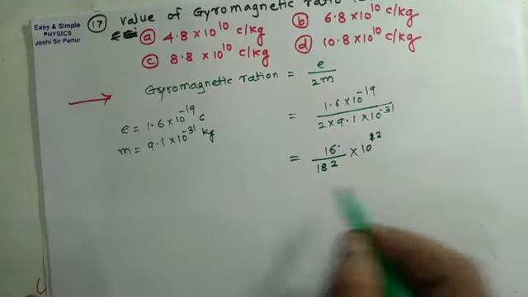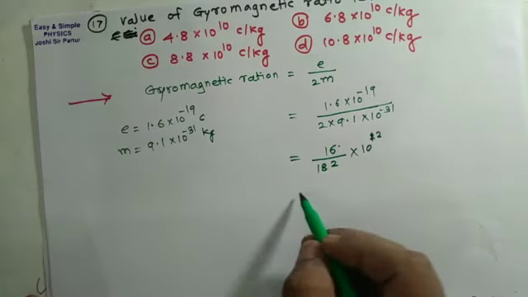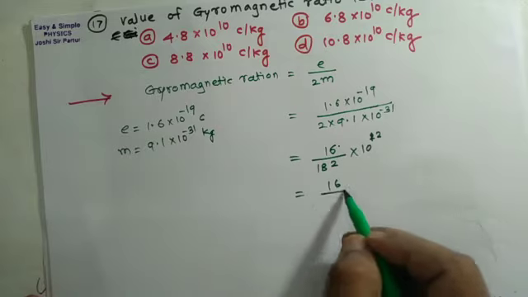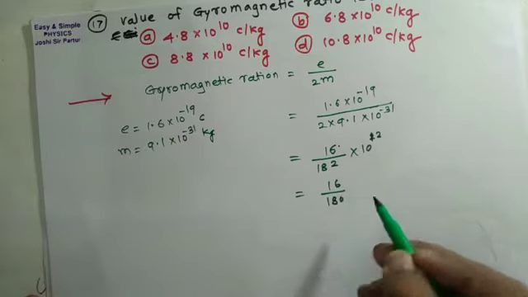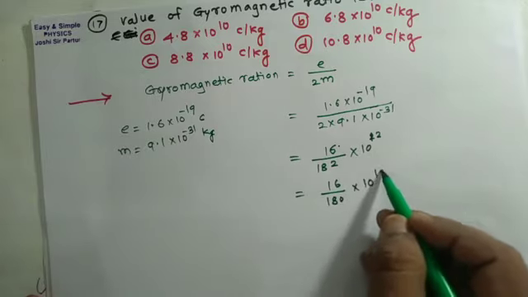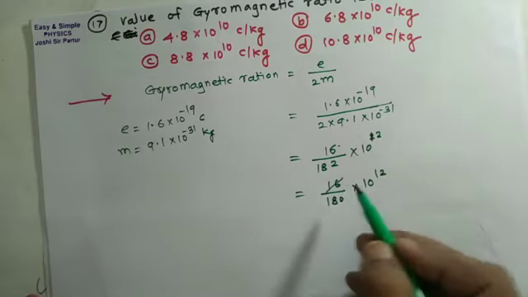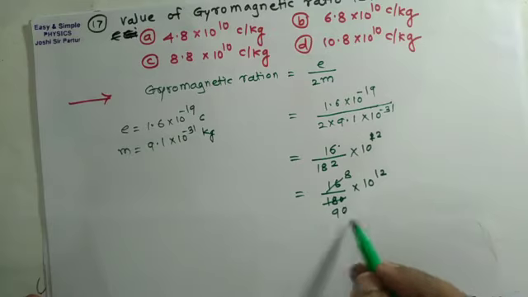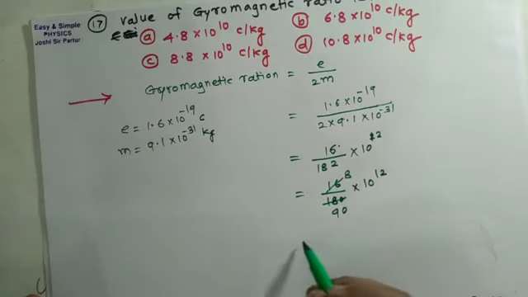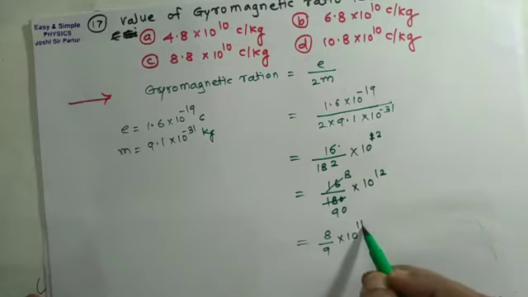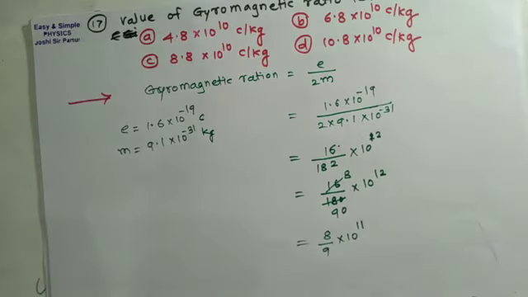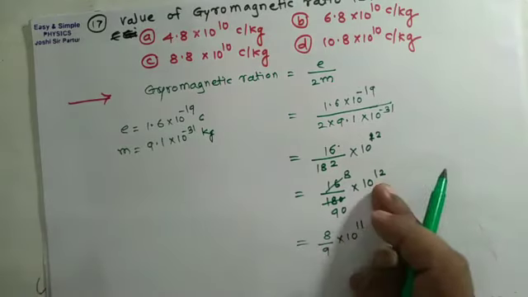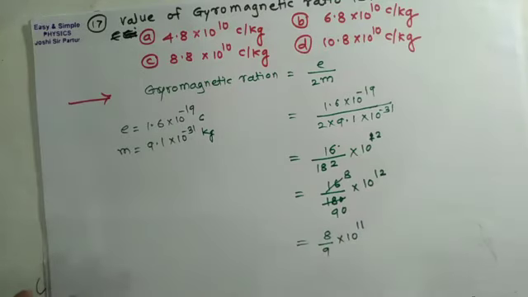So that here we can divide. It is taken approximately as 16 by 180 into 10 to the power 12. What happened? 16, 8 and 90. 1 is shifted above. So 8 upon 9 into 10 raised to 11, because 10 raised to 1 shifted becomes 10 raised to minus 1.